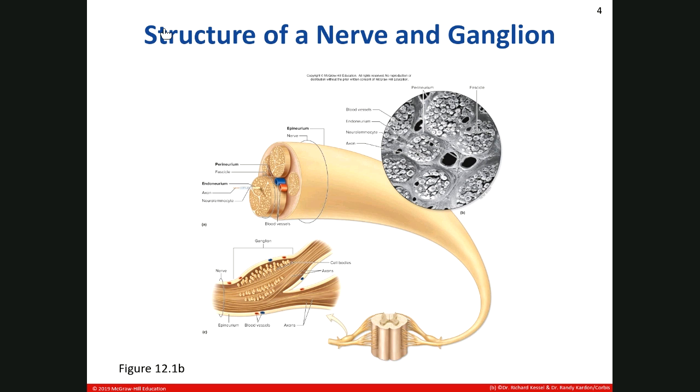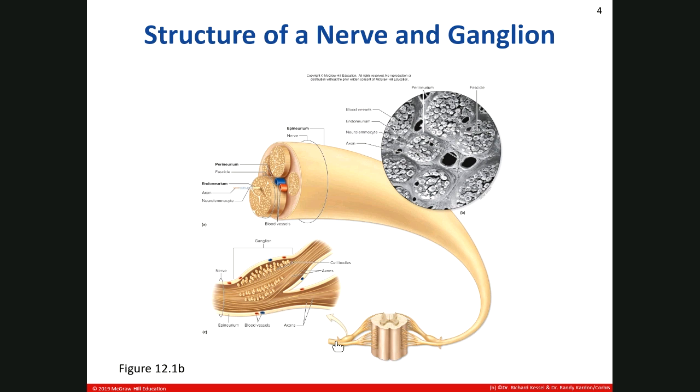If you want to look at it from this point of view too, here's your spinal cord. And then the nerves that come off the spinal cord, we call them spinal nerves. Before a spinal nerve is actually made, you've got nerve fibers coming off of the back part of the spinal cord and nerve fibers coming off of the front.